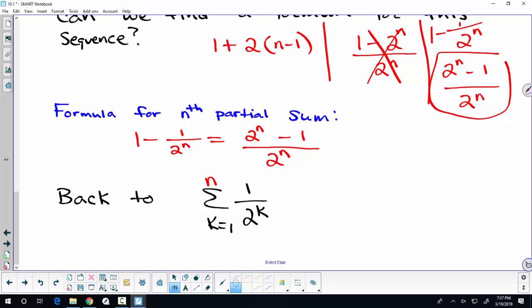The first n terms, I can represent my series as 2 to the n minus 1 over 2 to the n. So instead of messing with the representation of the series as it is, if I go out to n terms, that's what the sum will look like, regardless of where I'm at.